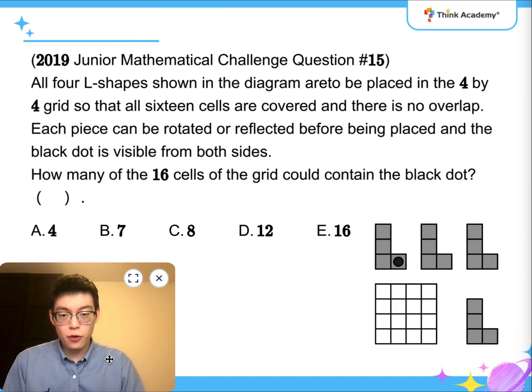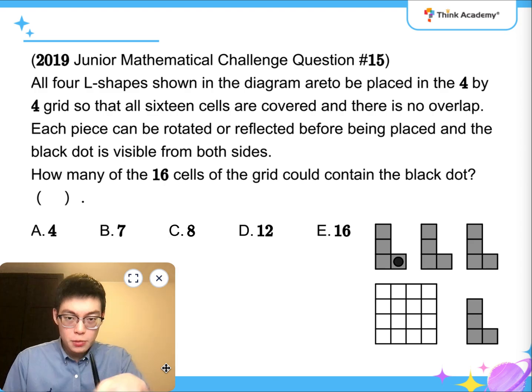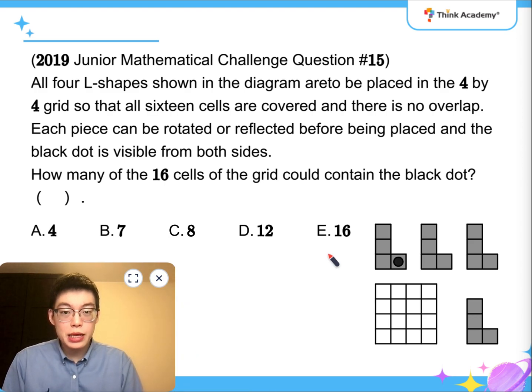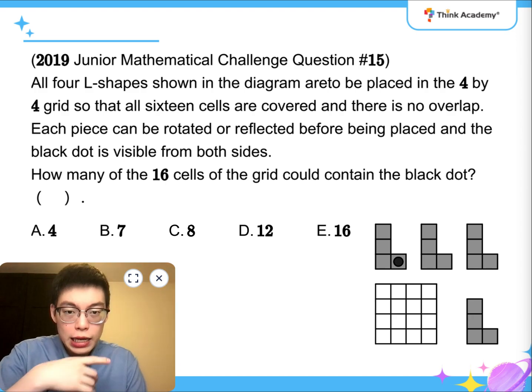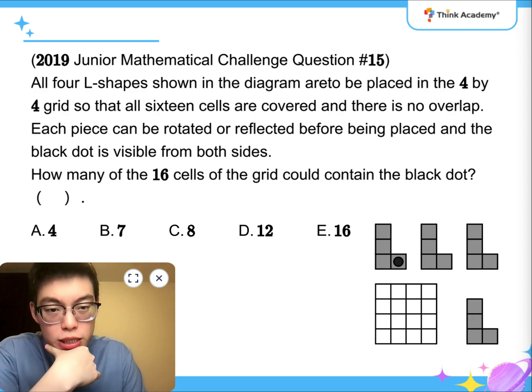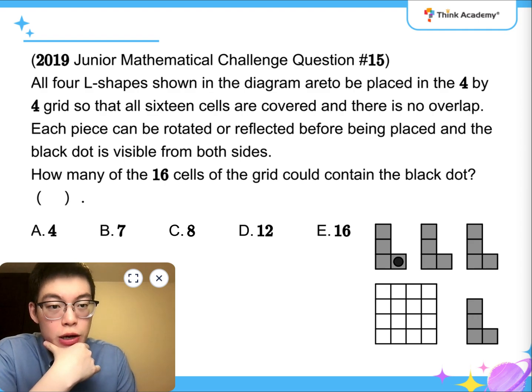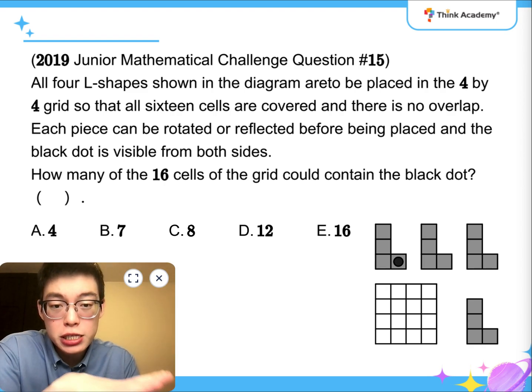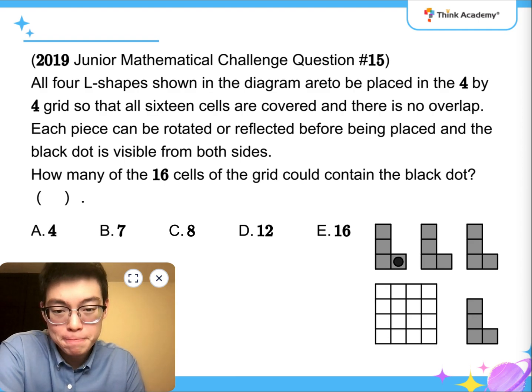And finally, for question 15, basically we have 4 L shapes, and it is asking how all the 16 cells can be covered without overlap, and how many of these 16 cells could contain the black dot.